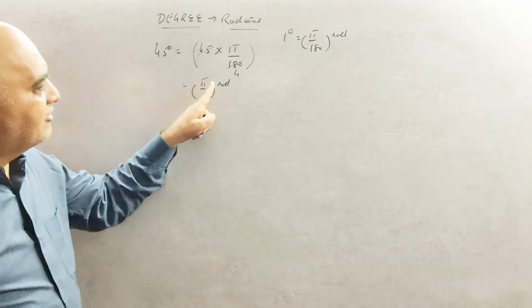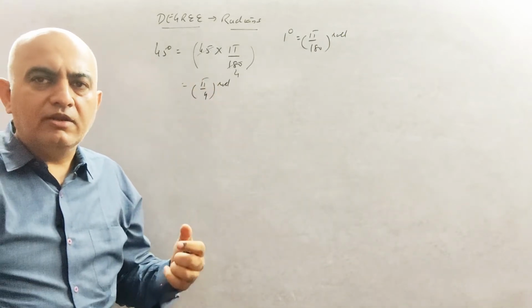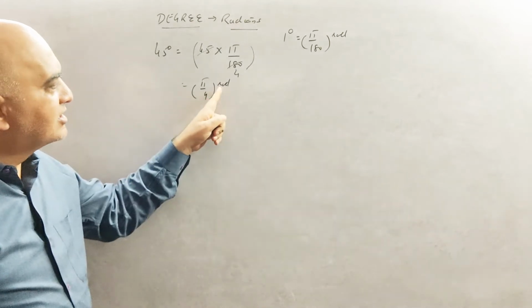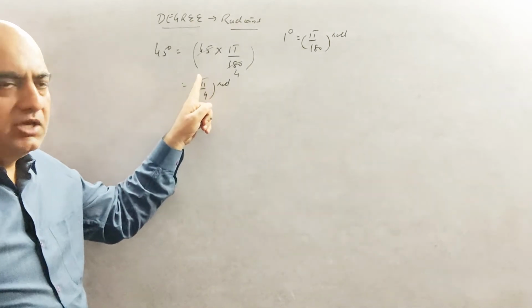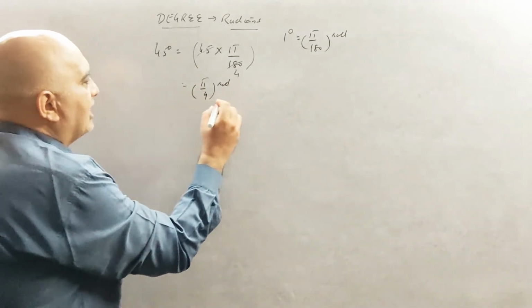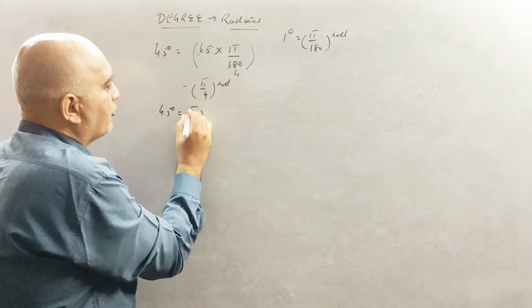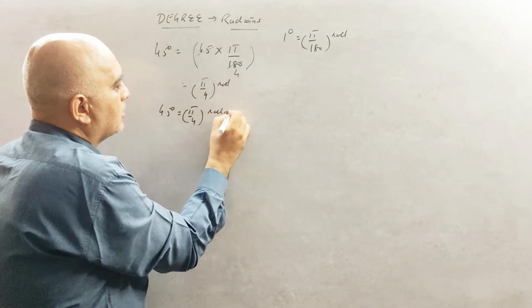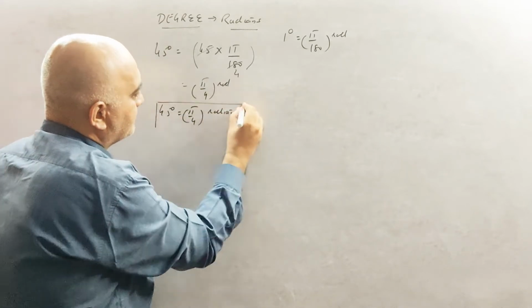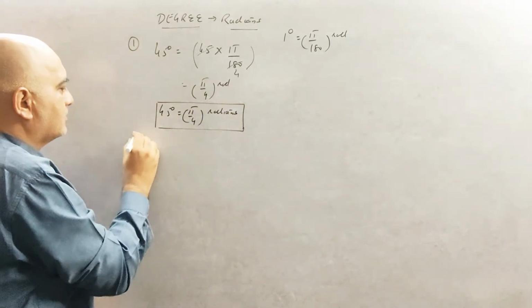If the notation is given in the form of pi, then there is no need to write radians, right? Radian is itself represented in the form of pi, so there is no need to write radian in front of pi. So 45 degrees is equal to pi by 4 radians.